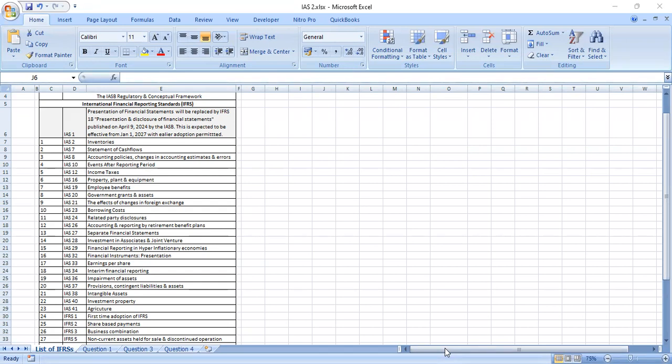Now, let's look at the costs that are excluded from inventory. Number one is abnormal wastage costs. Okay, abnormal wastage cost is not part of the cost of inventory. There's a normal wastage cost, there's an abnormal wastage cost. So when a wastage cost is abnormal, you know, it's not the usual wastage cost, then it should be excluded from the cost of inventory.